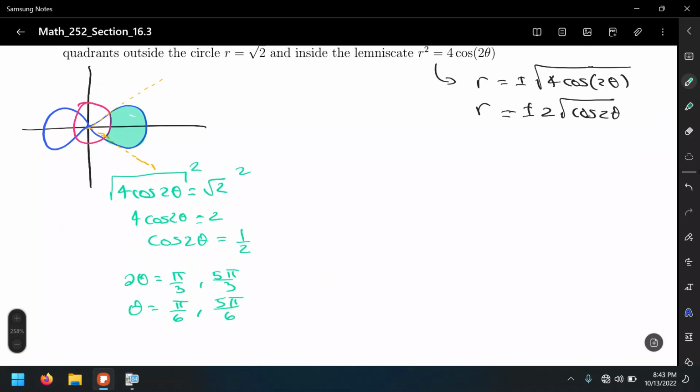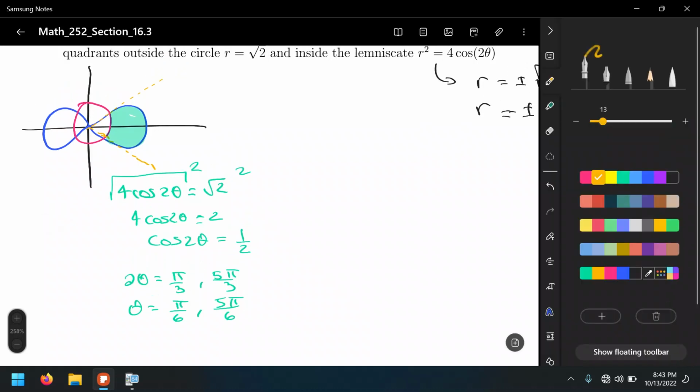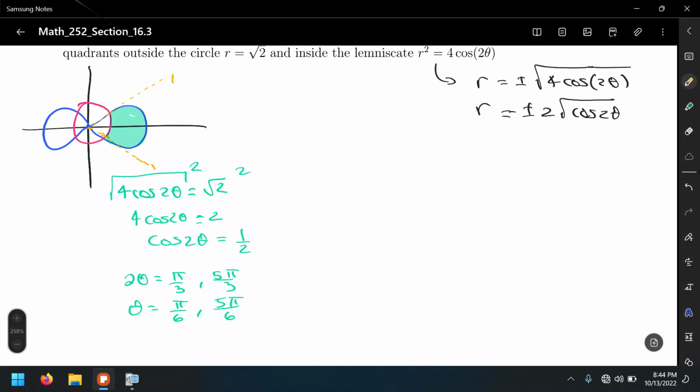I think this makes sense, right? Because this is pi over 6 right here, and this negative angle, which could be negative pi over 6, is also pi over 6. So 5 pi over 6, and also let's name it negative pi over 6, which is essentially the same value, isn't it?